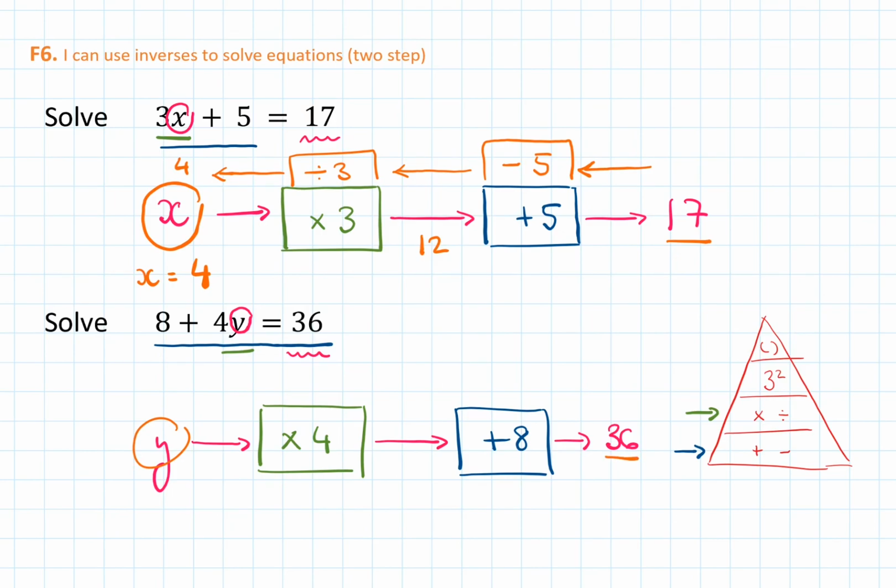Starting from 36, the inverse operation of plus 8 is take away 8, which will give us 28. And then the inverse operation of multiplying by 4 is dividing by 4. 28 divided by 4 is 7, therefore y = 7.